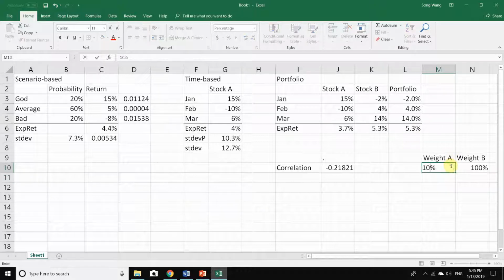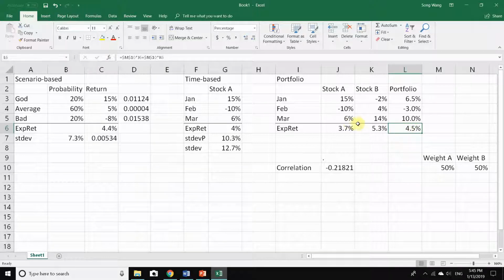If I change A's weight to 100%, you will get A's return. So the bottom line is that the portfolio return just cuts in the middle between A and B. It cannot go below A or above B.